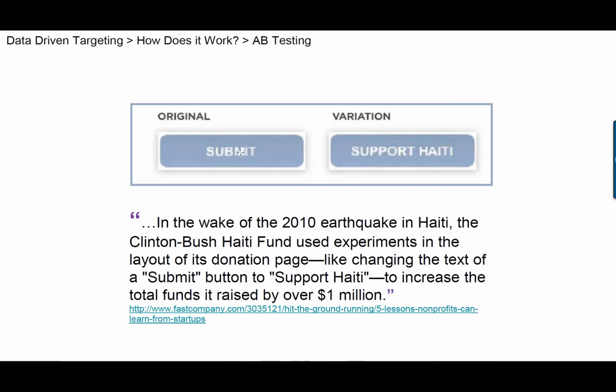They had 2 versions of the web page, one with a submit button and one with a support Haiti button. And they found in their A/B testing that the response rate, as defined by people donating money, was much higher with support Haiti. And the difference was attributed to increasing the total amount of funds raised by $1 million just by changing a button. So it can be very significant.